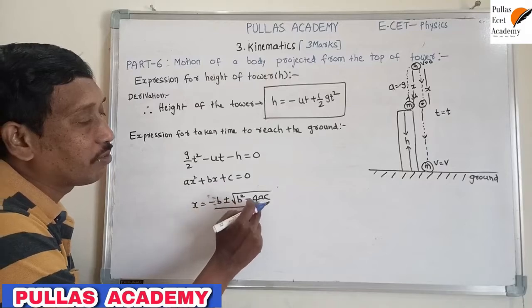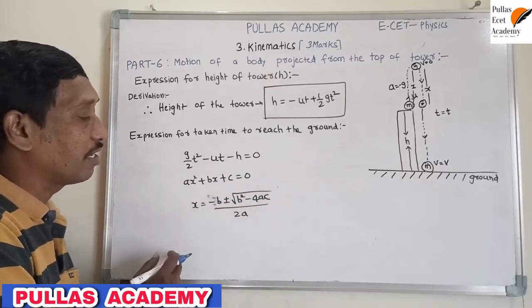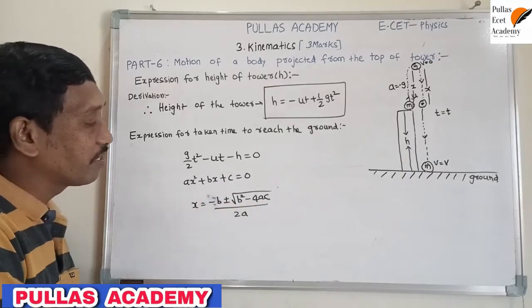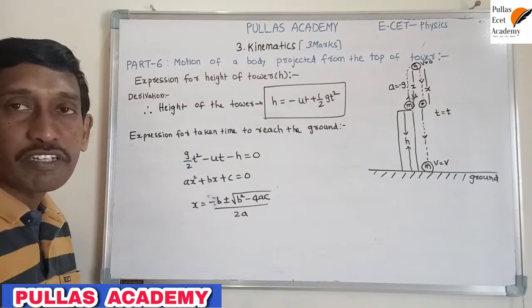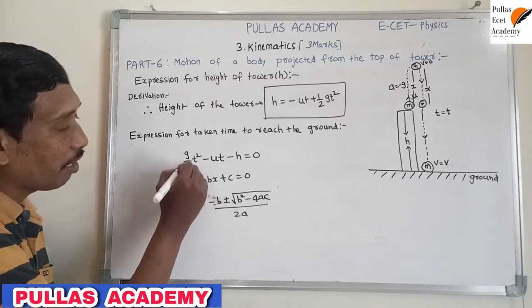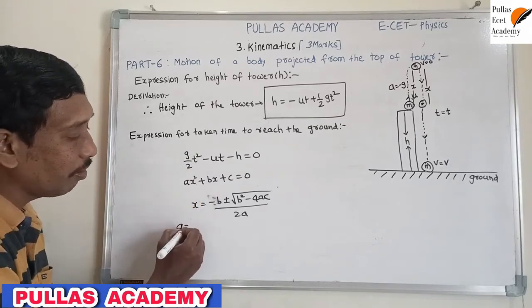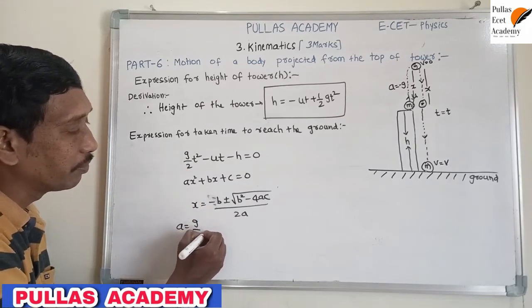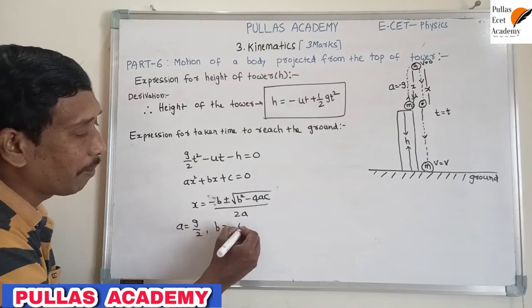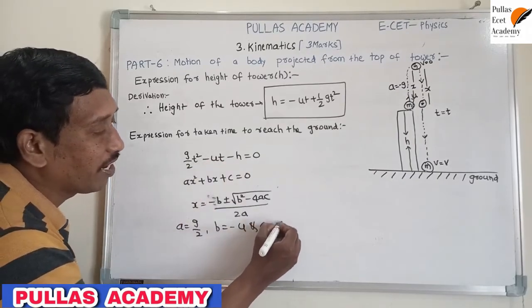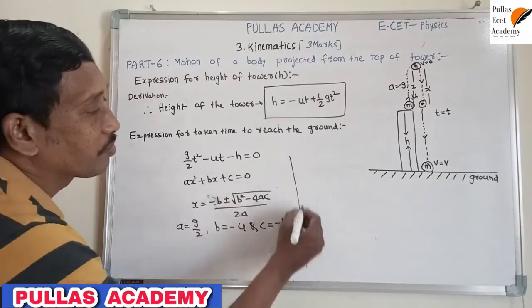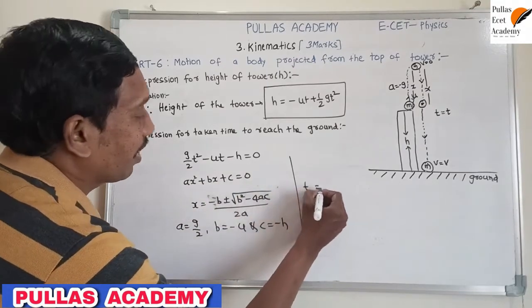In the same way, if you compare with this equation, instead of x you get t. That means you get the expression for t. How to get it here? Compare with this equation, a is equal to g by 2, b is equal to minus u, and c is equal to minus h. Substitute all these values, then t is equal to minus b.